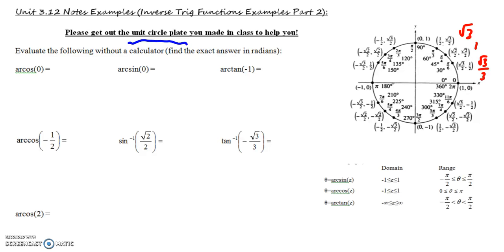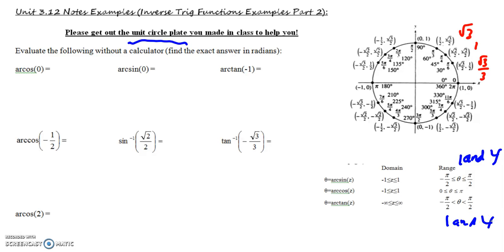As you're doing so, I would like again to remind you about the restrictions for the inverse functions. The more I say it, I think the more that'll sink in. Remember that the range of arc sine or inverse sine is between negative pi over 2 and pi over 2, or restricted between quadrants 1 and 4. In a similar way, arc tangent is restricted between negative pi over 2 and pi over 2, or quadrants 1 and 4 as well.